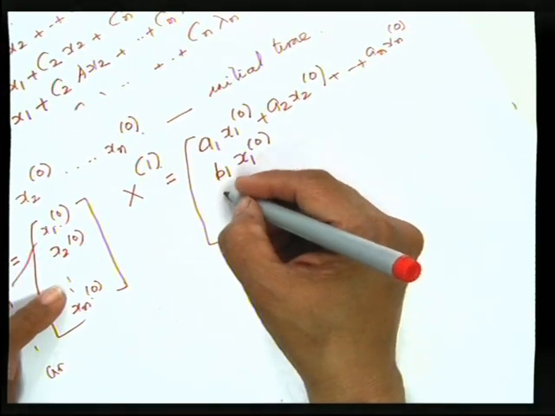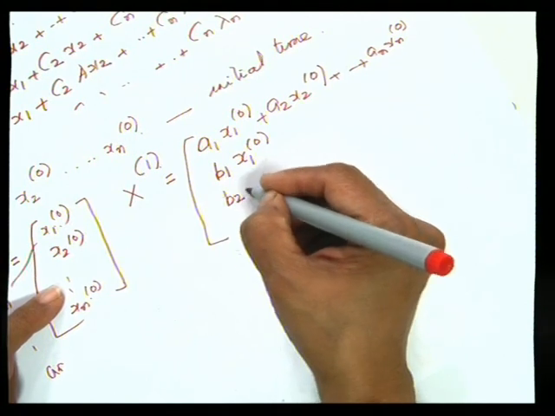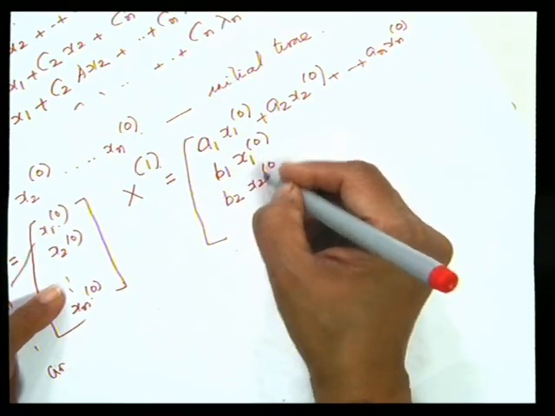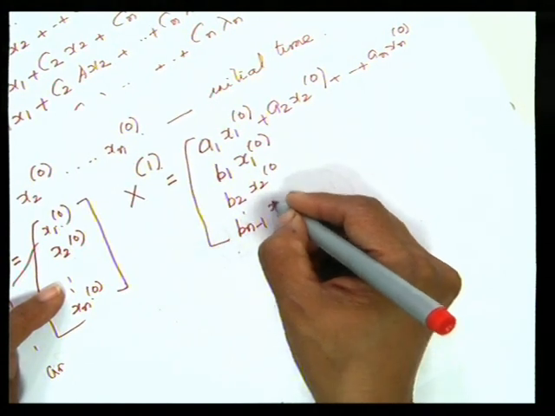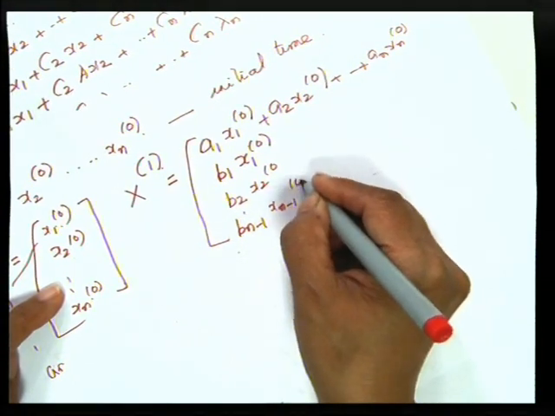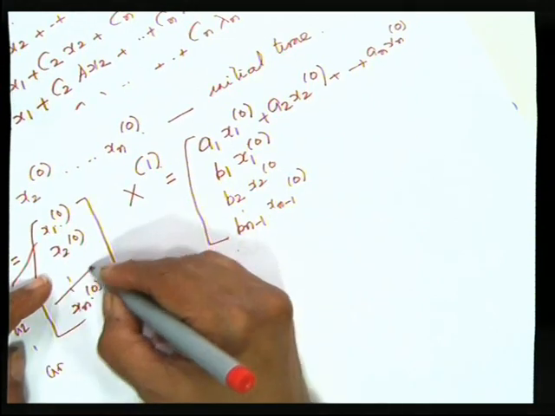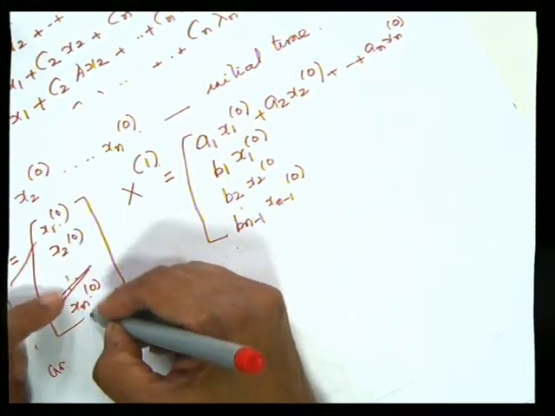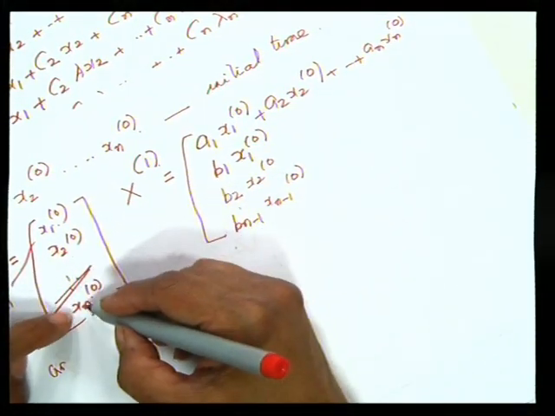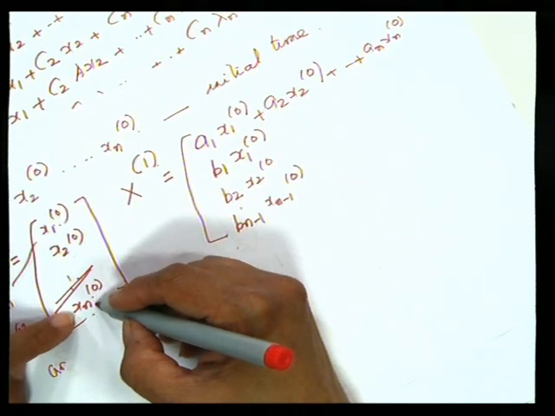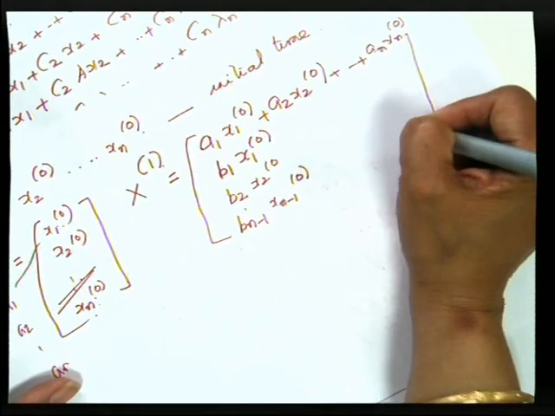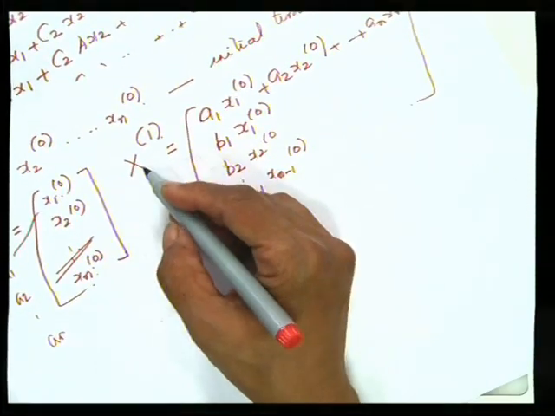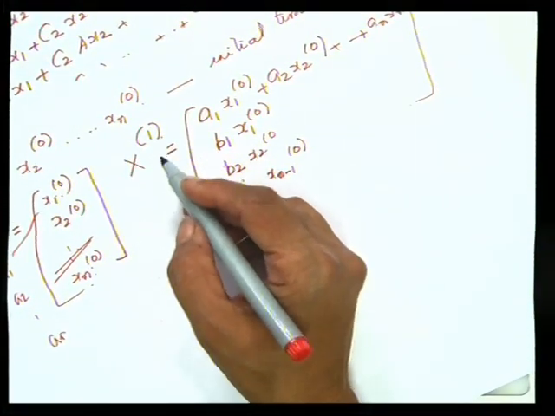In the next class, we will have b2 x20, and so on. In the last class, we will have b(n-1) x(n-1)0. Why? Whoever were in this class, a proportion of them pass on to the next class. The last class makes no contribution because they are beyond the age span. So this is going to be the vector which represents the population at the end of time period 1.